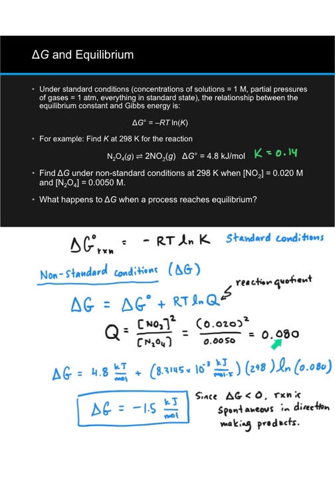We knew that because Q was small compared to K, our reaction was going to have to produce more products in order to reach equilibrium. Thermodynamics verifies this for us. It tells us that under these conditions right now, our reaction's Gibbs energy is negative and therefore our reaction must proceed in the forward direction toward making products spontaneously, and that's what it will do in order to establish equilibrium.